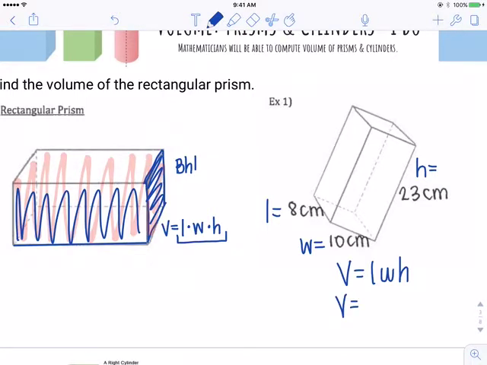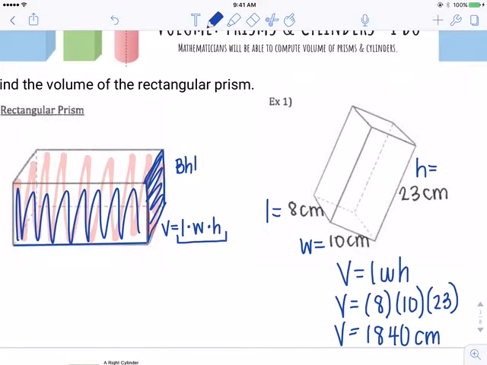Volume equals, use parentheses here, length is 8, width is 10, and our height is 23. And then when you take your calculator out and you actually punch that in, you should get volume equals 1,840 centimeters. And because we're filling up the space, it's now cubed. That should be your final answer on the first problem on the I do slide.